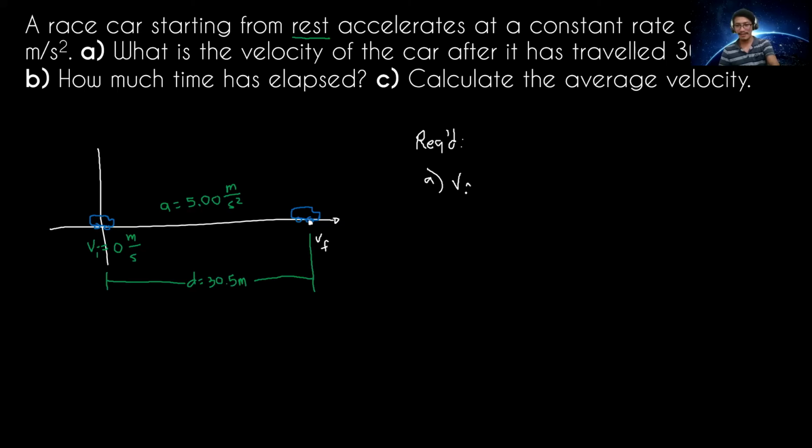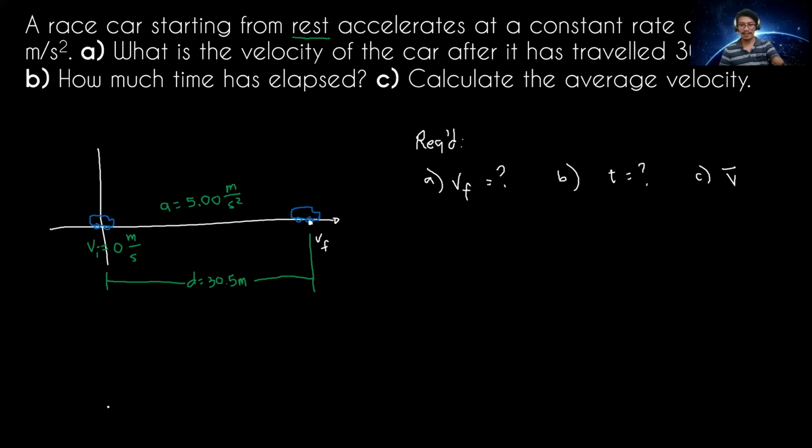So for A, the final velocity is unknown. Next, for letter B, the unknown is how much time has elapsed. So the unknown is time. And then for letter C, calculate the average velocity. Average velocity, as long as there is a bar on top, it is average. Okay? So let's start.